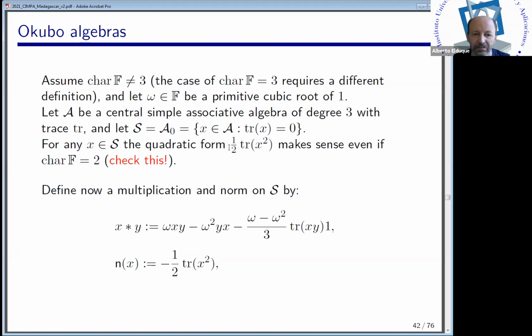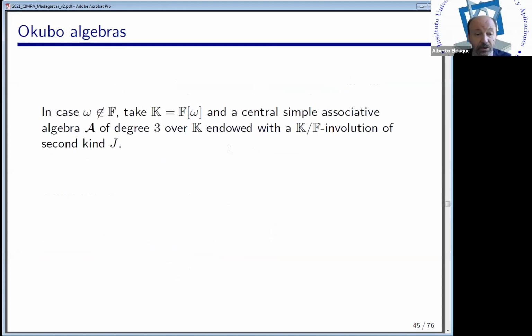Actually, this can be done for any central simple associative algebra of degree 3 over fields that contain primitive cubic roots of unity. And in case we don't have a primitive cubic root of unity, we have to get to the corresponding degree 2 field extension, adding this primitive cubic root of unity, taking matrices, or more generally central simple associative algebras of degree 3 over this field extension, but with an involution of the second kind, like the usual unitary involution for 3 by 3 complex matrices.